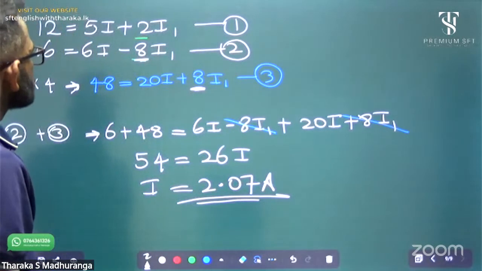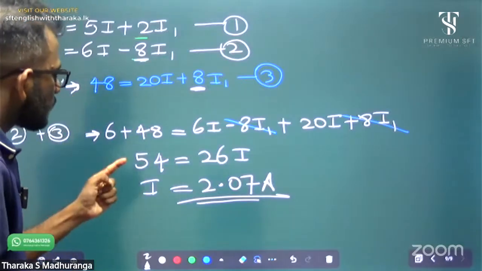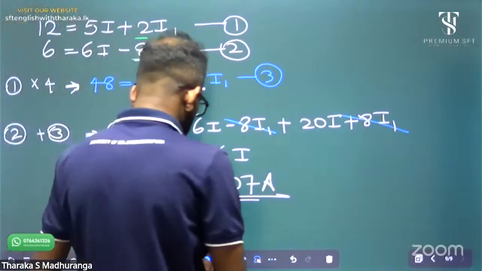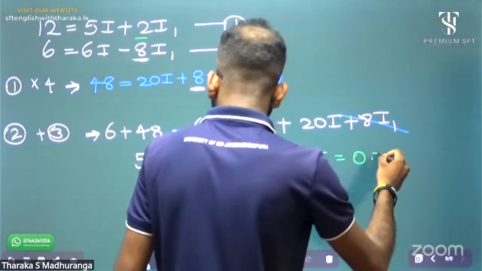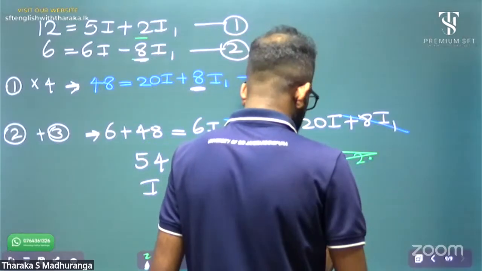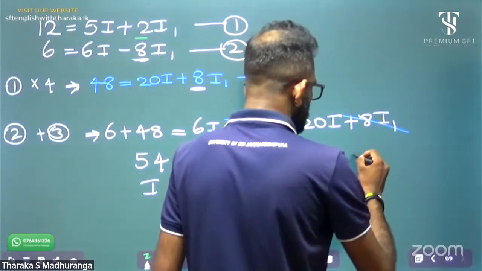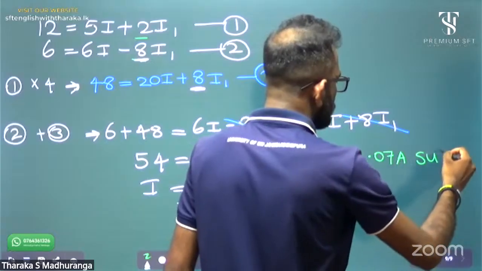Okay, now if it is I 2.07, I can substitute I equals, sorry, 2.07 ampere into any equation.